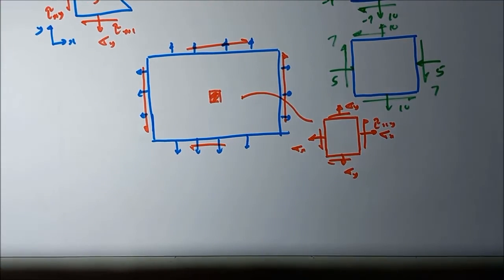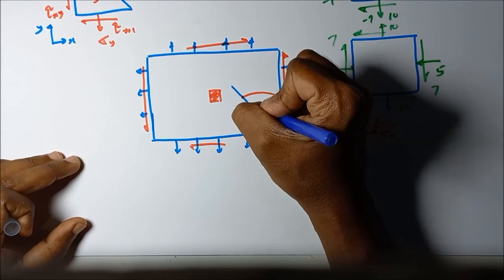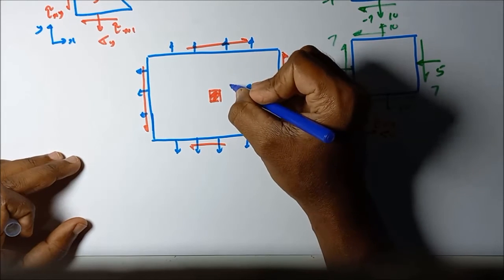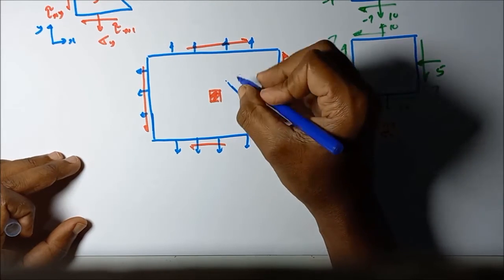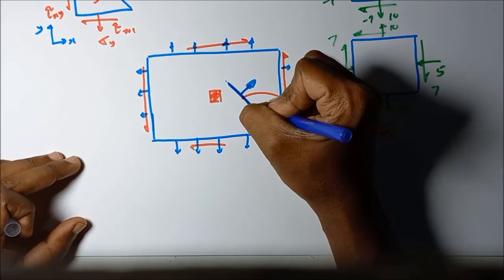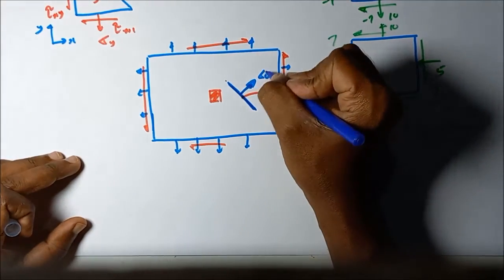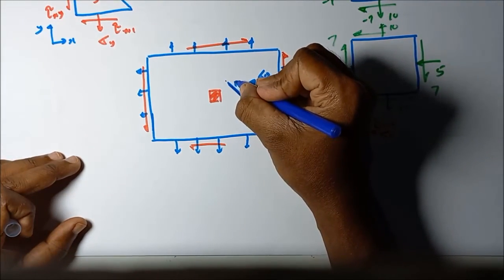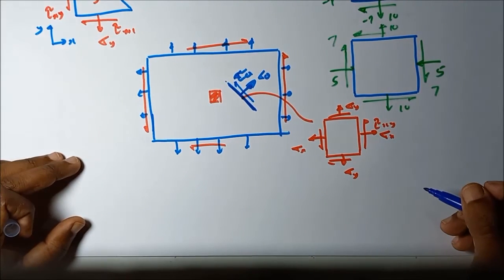Okay, then we are interested in the stress acting on this kind of inclined plane. If we produce a certain line on this sheet metal, what is the stress acting on this considered plane? What are the normal stress and the shear stress, tau theta, acting on this plane?